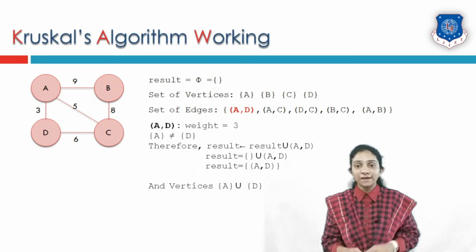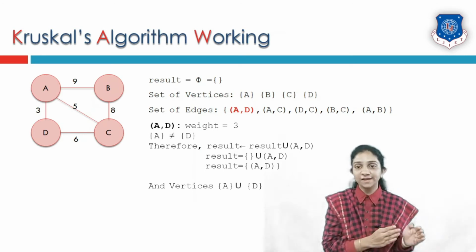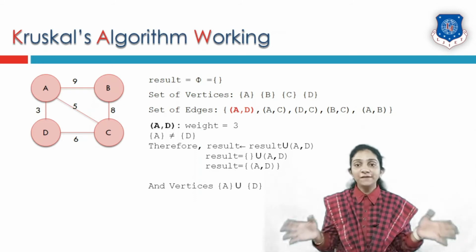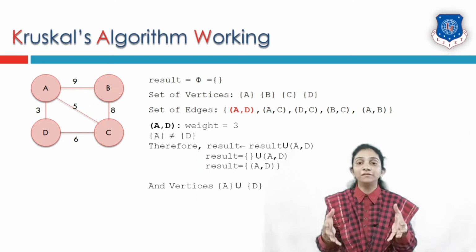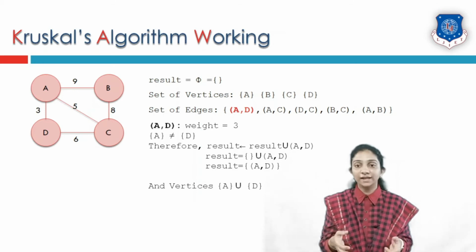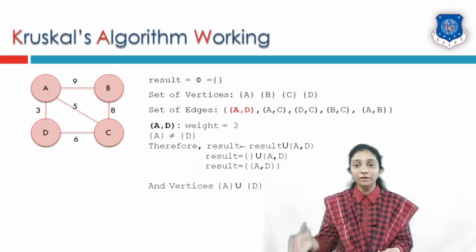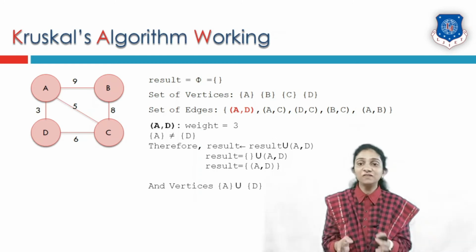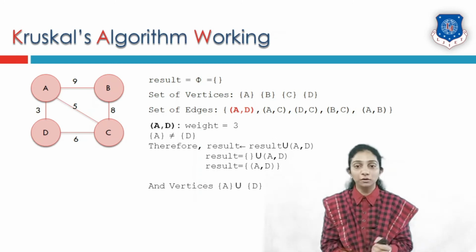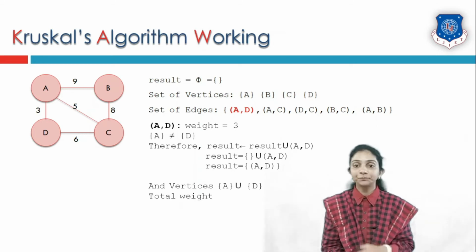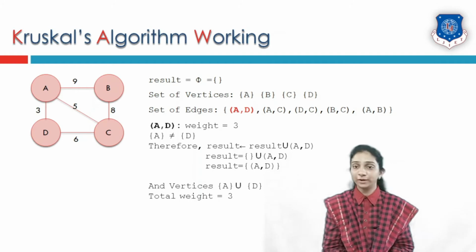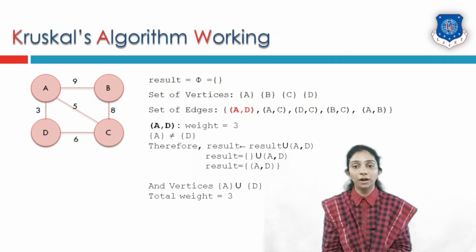Currently vertex A belongs to one set and vertex D belongs to a different set. We take the union of these two vertex sets, so vertex A and vertex D now belong to the same set. The total weight of my graph is 3, that is the weight of edge A, D.